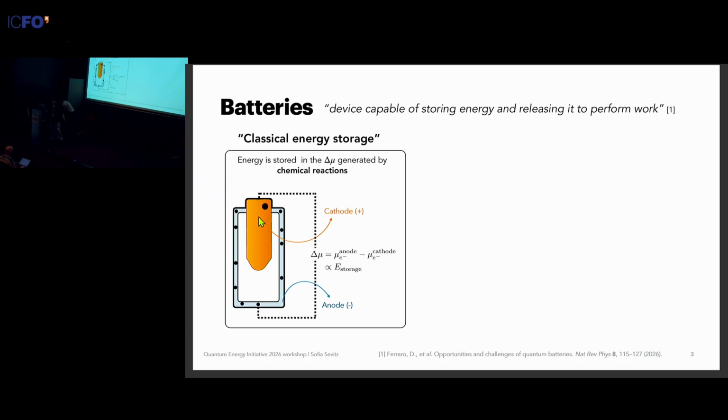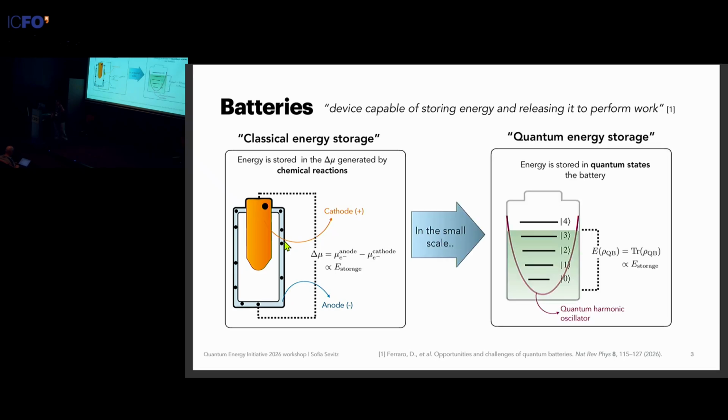When you connect the anode with the cathode, this generates a current that goes from here to here, and this is due to a difference in chemical potential. So the difference of chemical potential is what stores energy in batteries in the classical regime. When you go to small scales, in the quantum part, the energy is not stored in a difference of chemical potentials, but in quantum states.